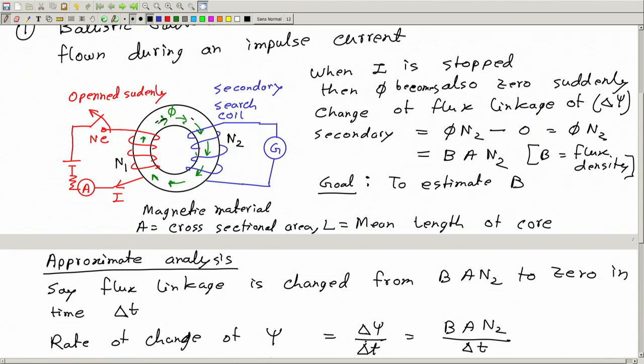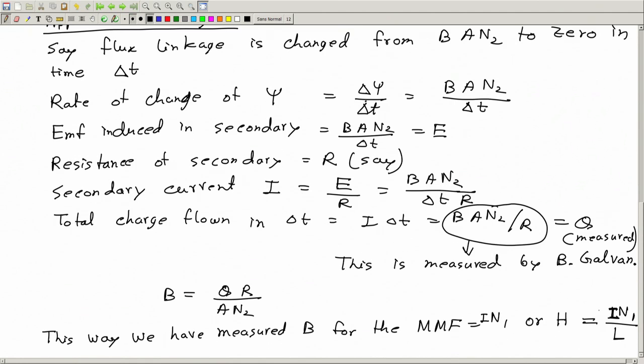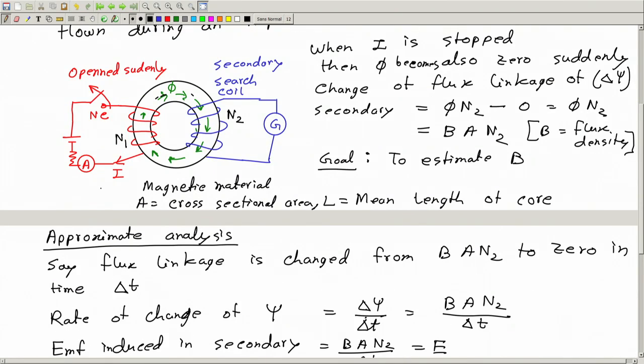So, H is known, B is measured, and this way we can measure B for different values of H by selecting different initial currents, and then plot the values of B against H to get a BH curve.